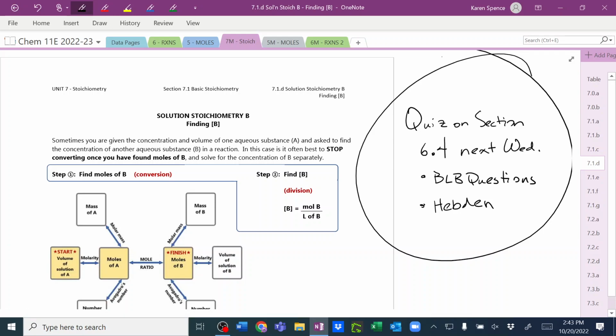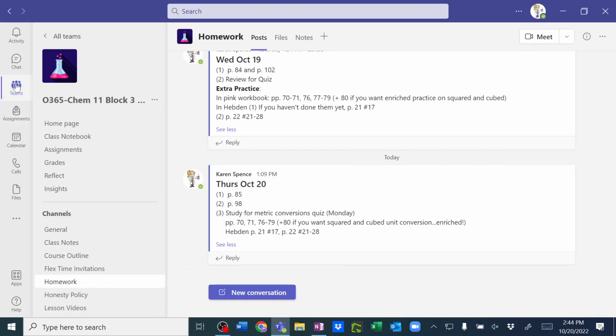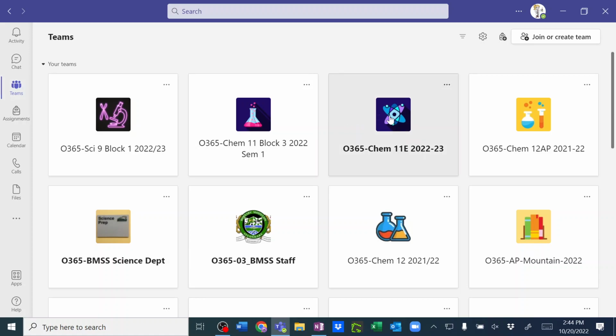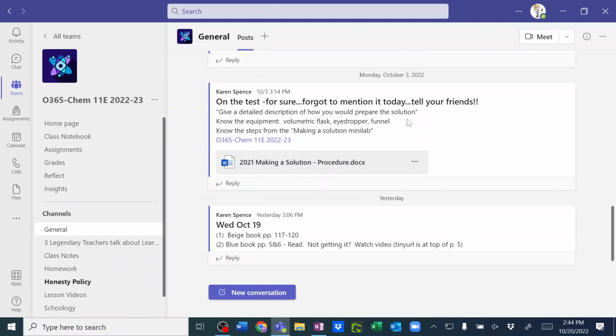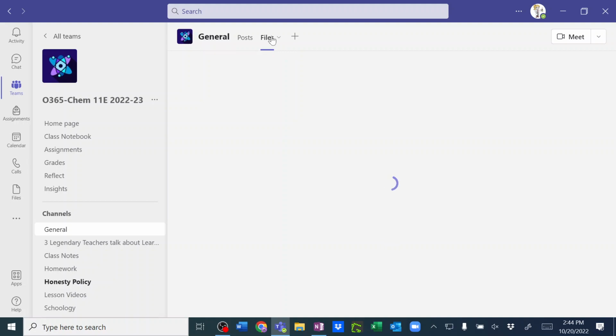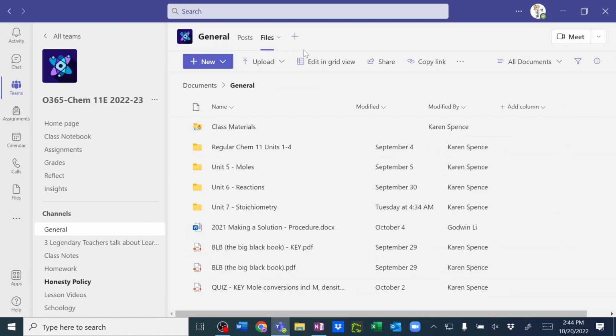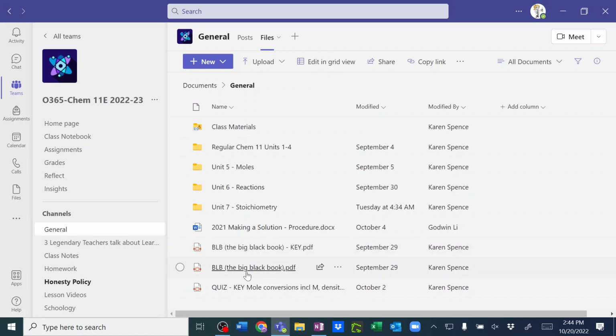It is on Teams. So if you go to our general files, in the general channel in files, and you wait for the circle to go around many times, at least if you're at school you do, then you will see the big black book, BLB.